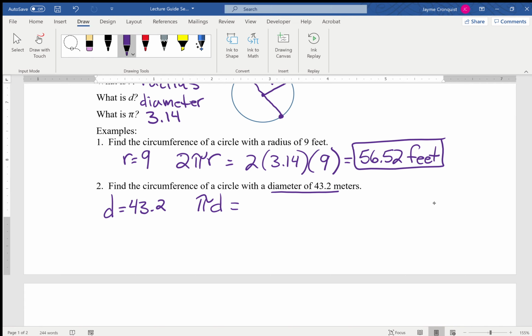So this is going to be 43.2 times pi, and we're only doing pi to 2 decimals, which is all that's necessary. 43.2 times 3.14 is 135.65, and this time it's meters.